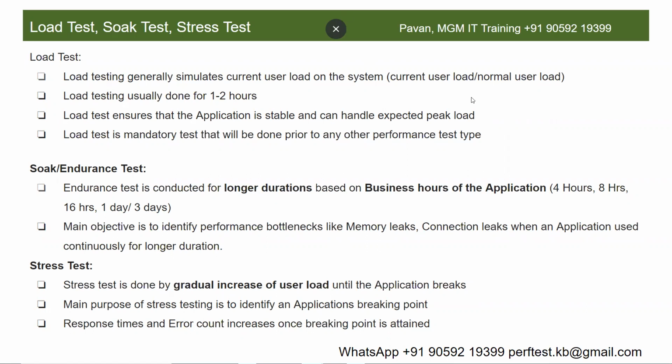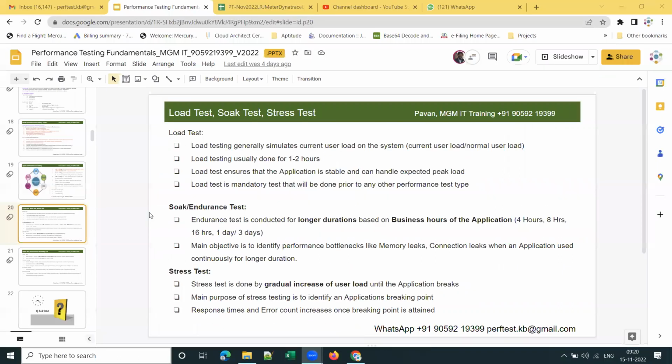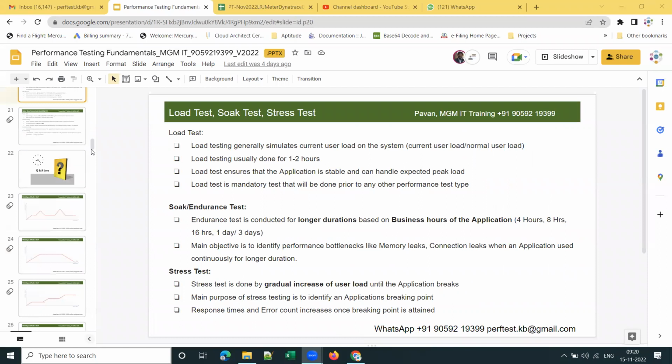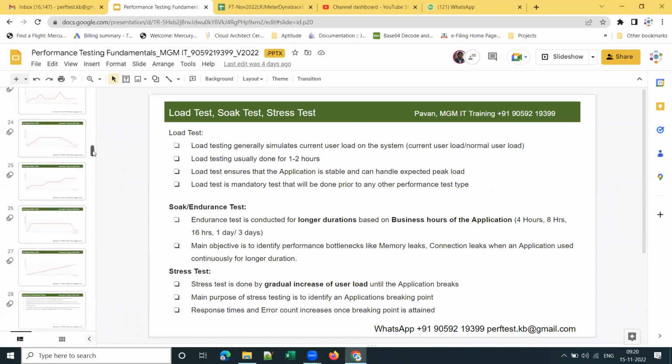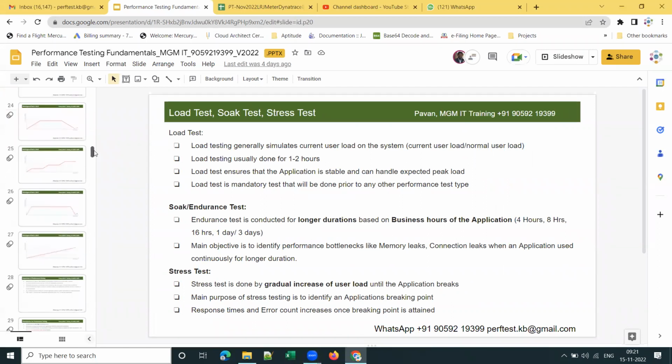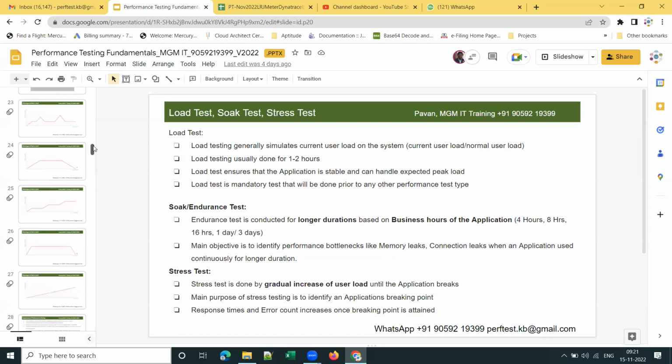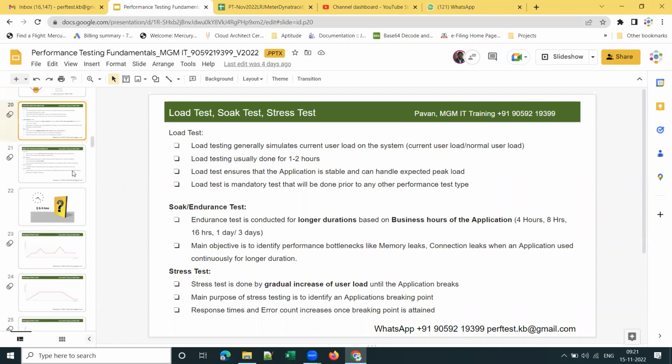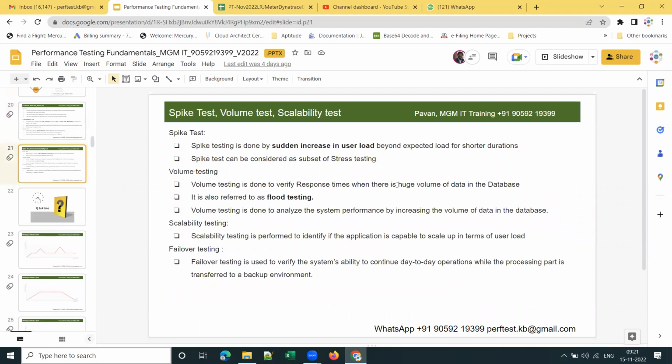I will show you some graphs in the next slides, and you have to identify what type of test each graph represents. This is a very important concept for performance testing.